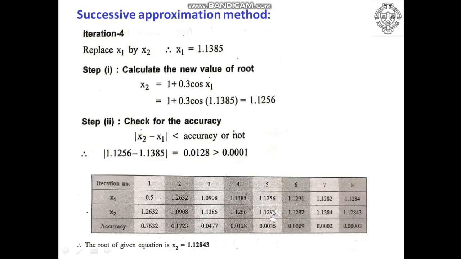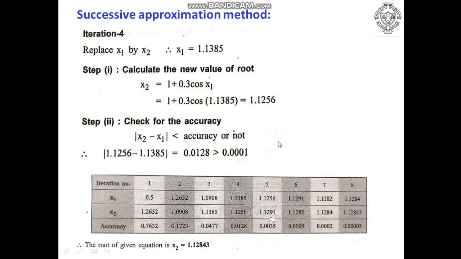So you have to go for the next iteration. In the fourth iteration also, if I replace x1 by x2, and find out the value of x2 with new x1, I'll get answer as 1.1256, and subtraction between these two values is 0.0128, which is also greater than desired accuracy.